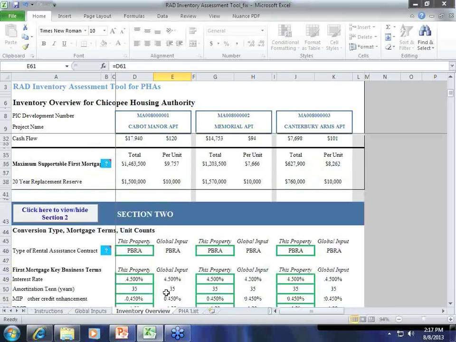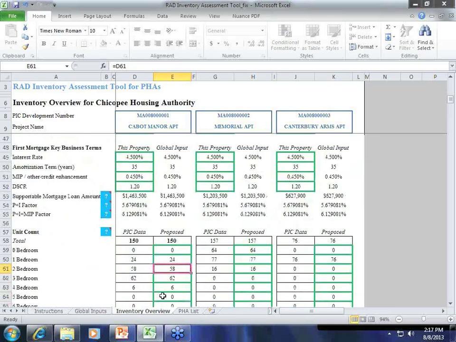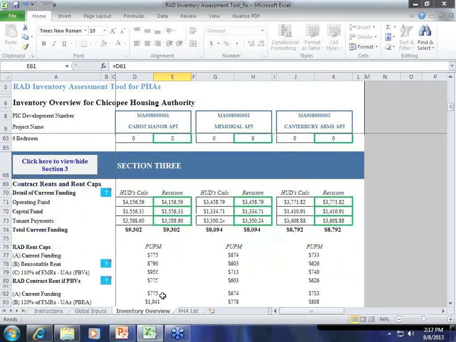You'll see there are a few other sections in this tool. First, it explains how we constructed the contract rent. As many of you know, it's based on the public housing subsidy received in 2012 plus the tenant rents.